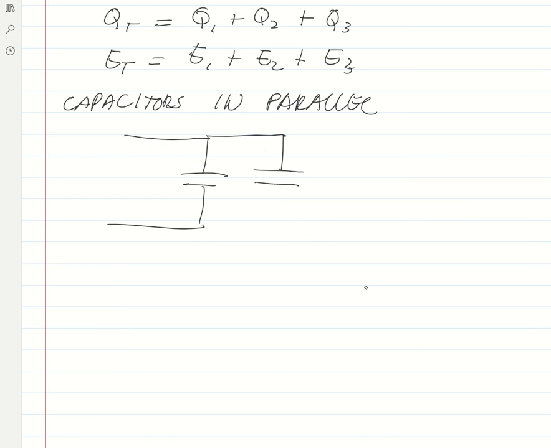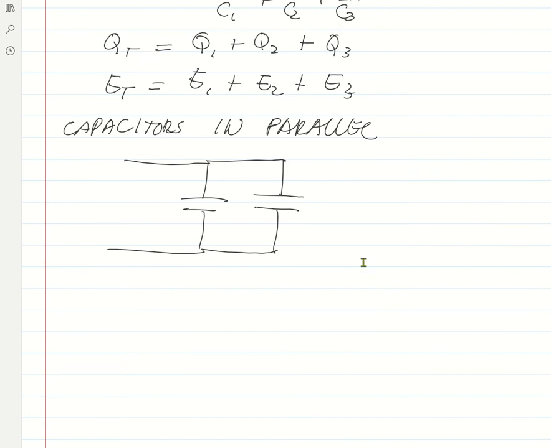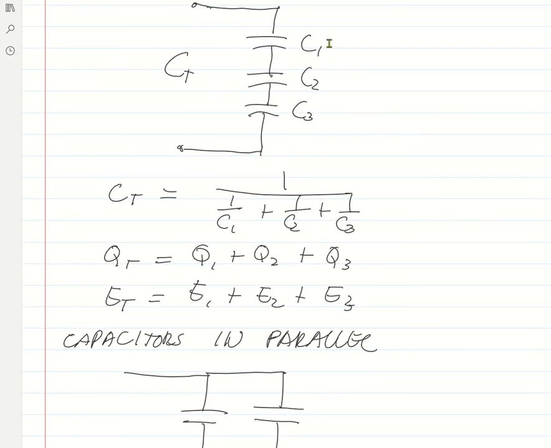If we connect them in series, the total capacitance decreases, isn't it? So if you have 50 farad, 50 farad, 50 farad, if you connect them in series, then the total capacitance will be 50 over 3. It's smaller. So you decrease the capacitance by connecting them in series.